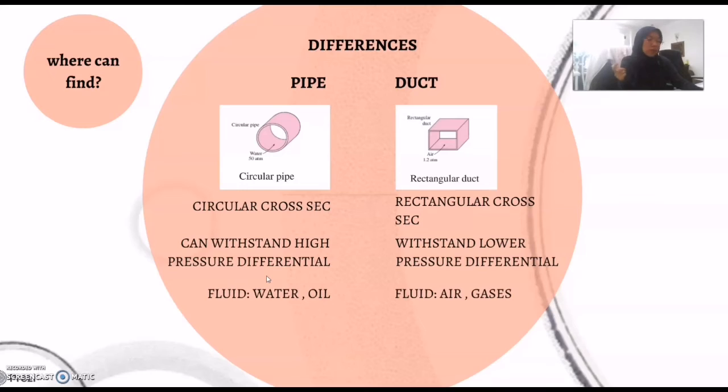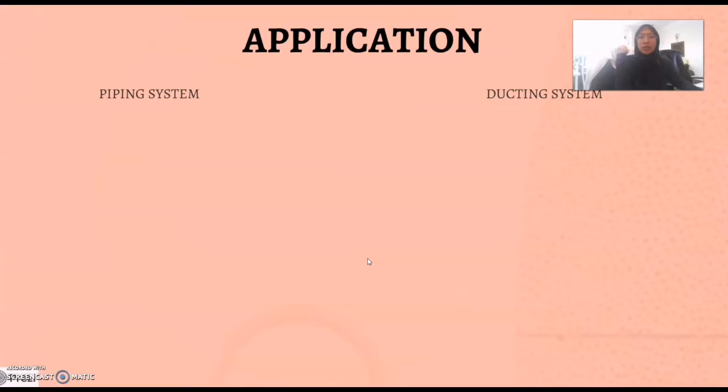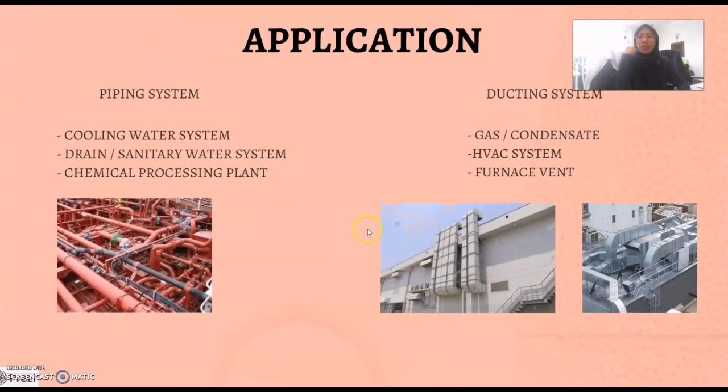The fluids usually used in a piping system are water, oil, and any chemical substance in liquid form. For ducting, the fluids usually used are air, gases, or any substance in gaseous form. So we look at where piping and ducting systems are applied.